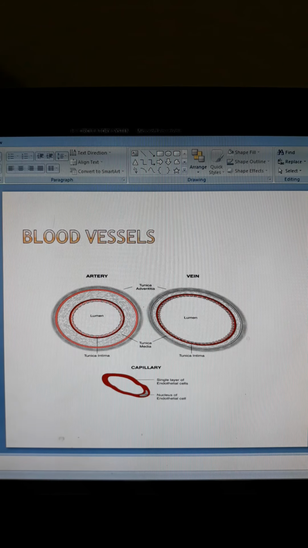Now the wall of a vein is also made up of three layers, as you can see in the figure. Here also you can see the structures: tunica externa, and all the three layers which we have seen in the case of arteries. But in this case the wall is very thin and less elastic as compared to the walls of arteries.